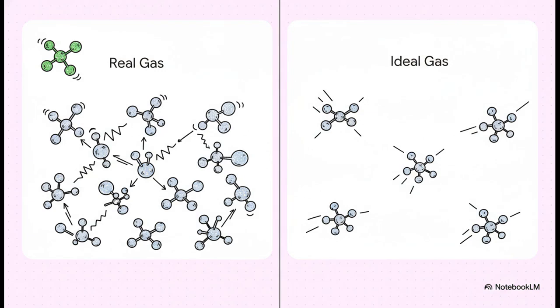In a real gas, all those little molecules are attracting and repelling each other. That creates potential energy. But in an ideal gas, we just pretend those interactions don't exist. We simplify it. And by doing that, the potential energy becomes zero. And that right there is a game changer, because it means for an ideal gas, all of its internal energy is only its kinetic energy.